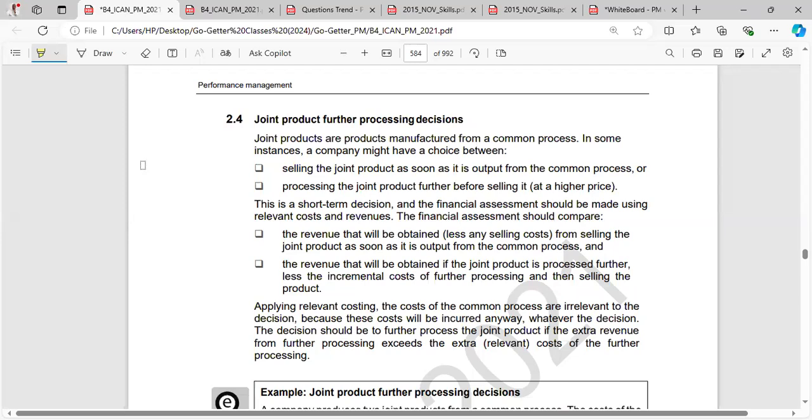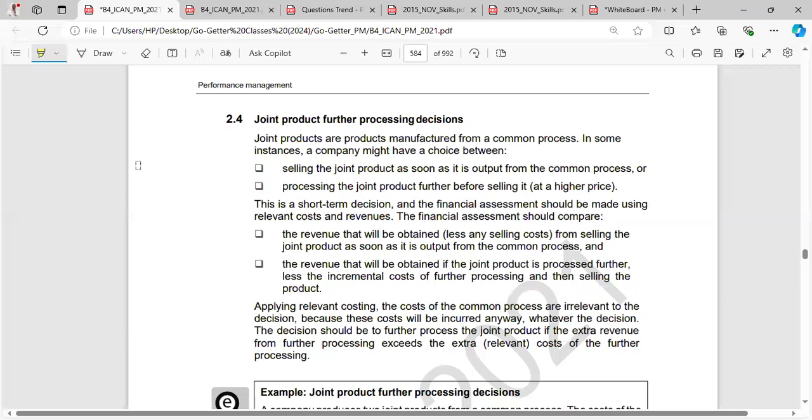You can either sell the crude oil that way, or you can process it further and split it off into diesel, kerosene, and petrol. Then you sell this final product at a higher price. Now, what is your decision when it comes to either selling it as soon as the output comes out from the common process, or splitting it further so that you can sell at a higher price?